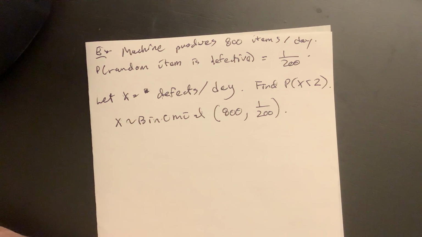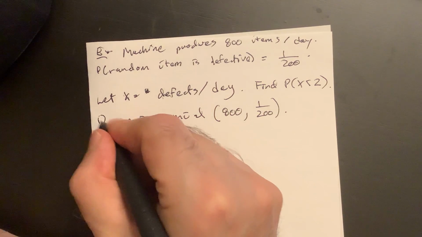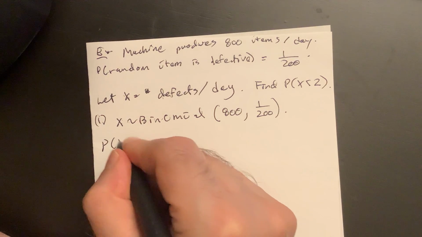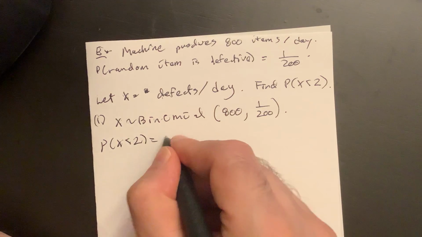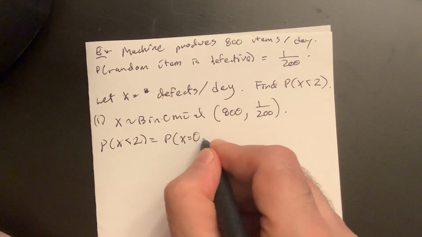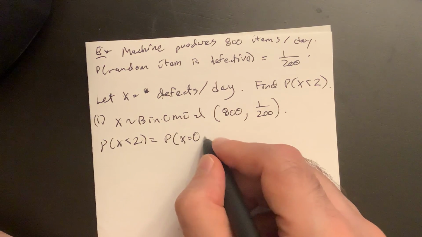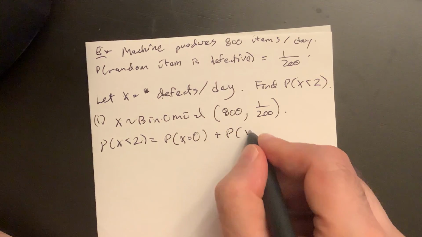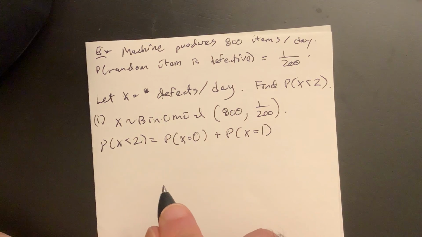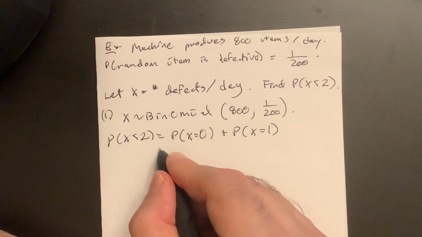It's exactly the same problem I did in the notes. So if we go this route with the binomial model, the probability x is less than 2 is just equal to the probability x equals 0 or x equals 1, but they're mutually exclusive. So probability x equals 0 plus probability x equals 1. This is easy enough to do.